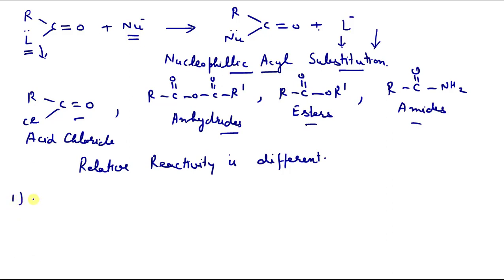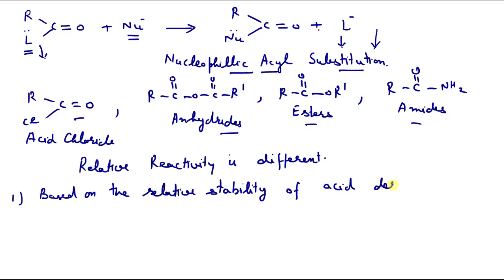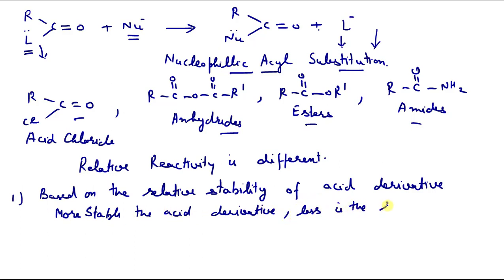The first is based on the relative stability of acid derivatives. The more stable the acid derivative, the less is the reactivity. That is common sense: if it is more stable, definitely it will be less reactive.